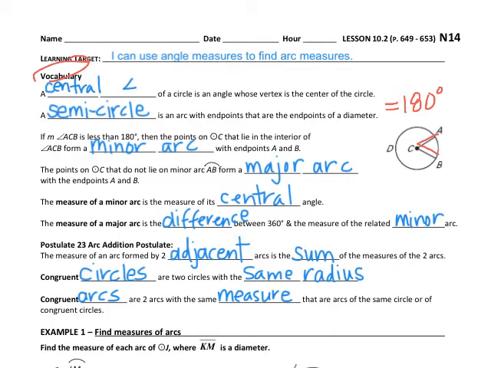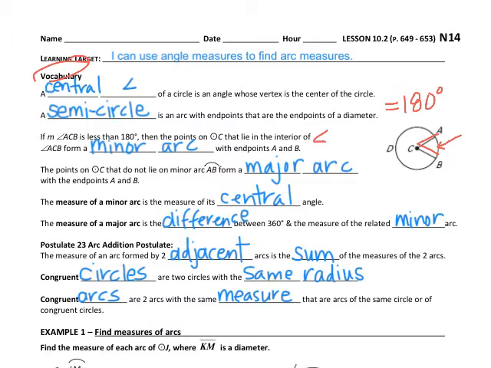It says, if the measure of angle ACB is less than 180 degrees, then the points on circle C that lie in the interior of angle ACB form a minor arc with endpoints A and B. So this is a minor arc because its measure is going to be less than 180 degrees.